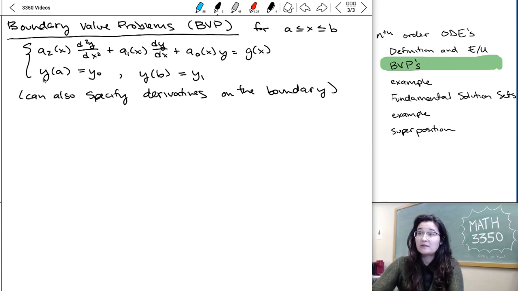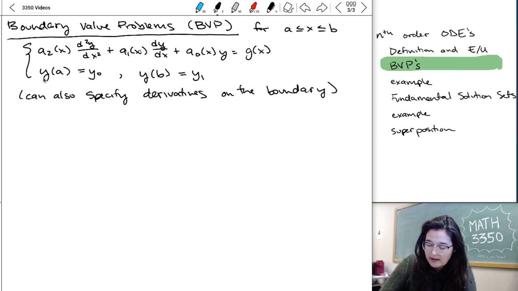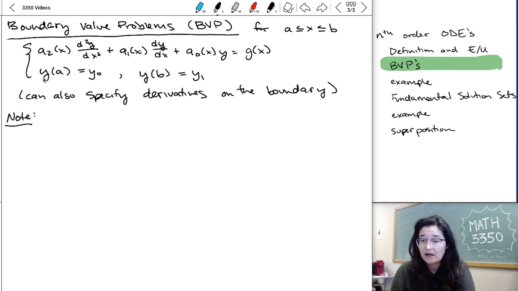The reason why I wanted to bring this up right after that existence and uniqueness theorem is because boundary value problems don't meet the same conditions as initial value problems for that theorem.